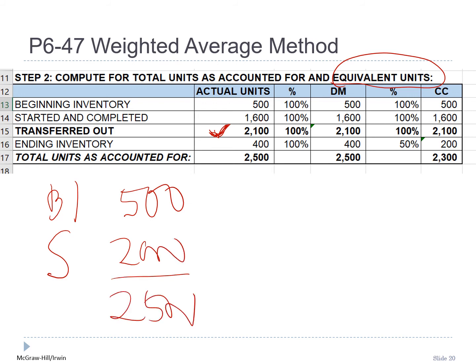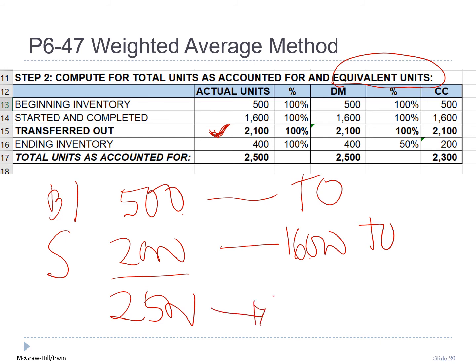So 500 kasama sa transferred out, 1,600 ng 2,000 kasama ulit sa transferred out. Para pag inadd yung 1,600 and 500, that will be equivalent to 2,100. 2,500 yung total. So, para maging 2,500 yan, dapat yung 400 na dun sa ending inventory. Kaya 400 yung ending inventory dyan.